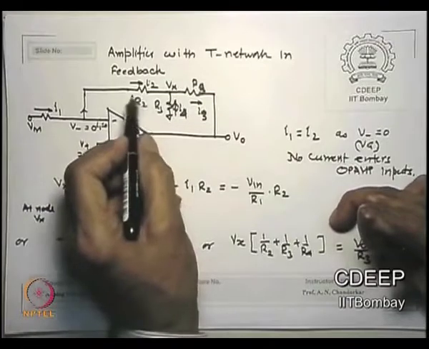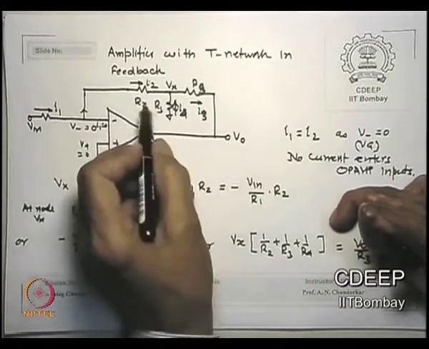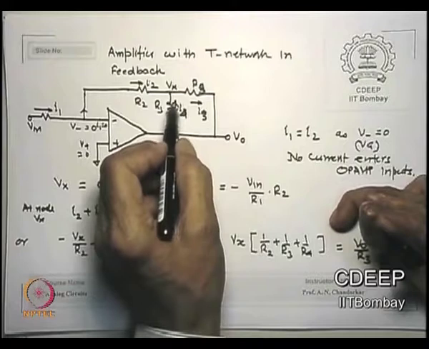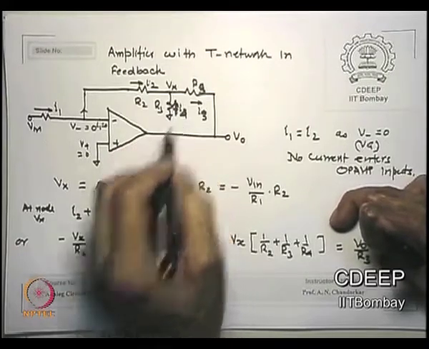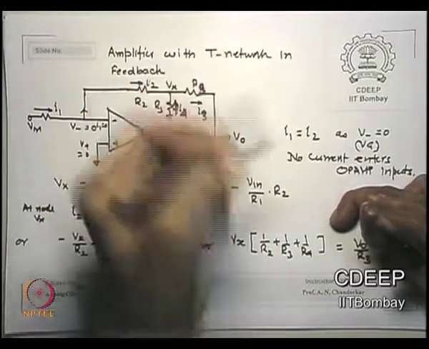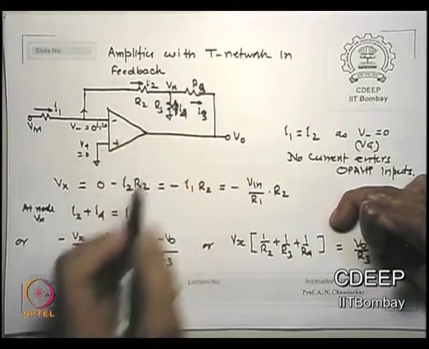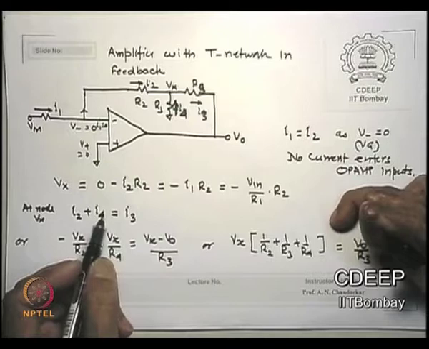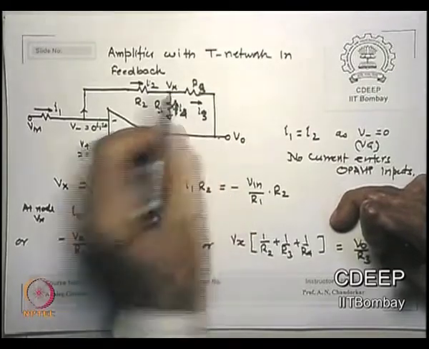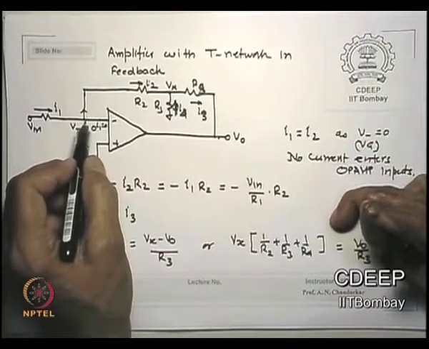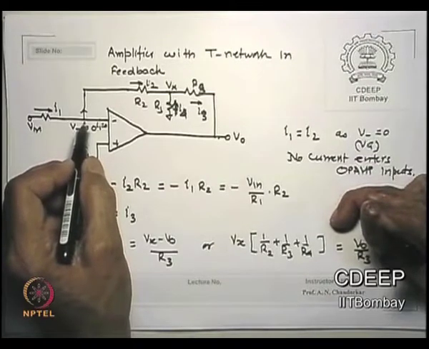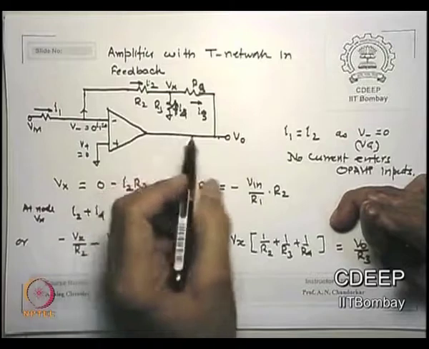Let us say the current in this circuit is I2. I have taken a small arrow upward in R2; the signs will automatically become correct when doing V by I. Okay. This potential I declare as Vx. This is V0, this is Vx. How much is the voltage here? It is 0, a virtual ground there, and this is Vin.